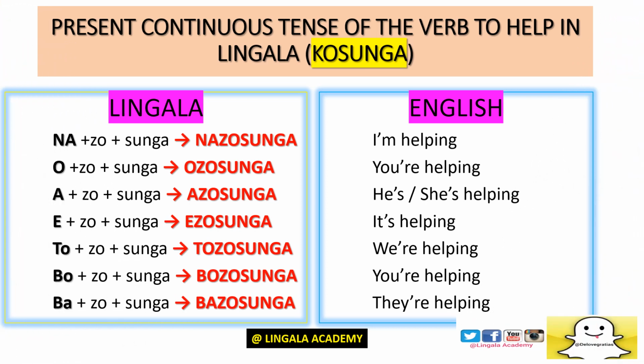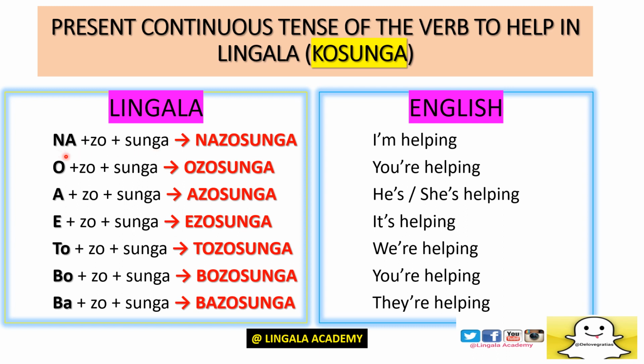Here is an example of the verb kosunga, or to help, in present continuous tense in Lingala. I put this separated so you know we have three parts here, but they should not be separated.